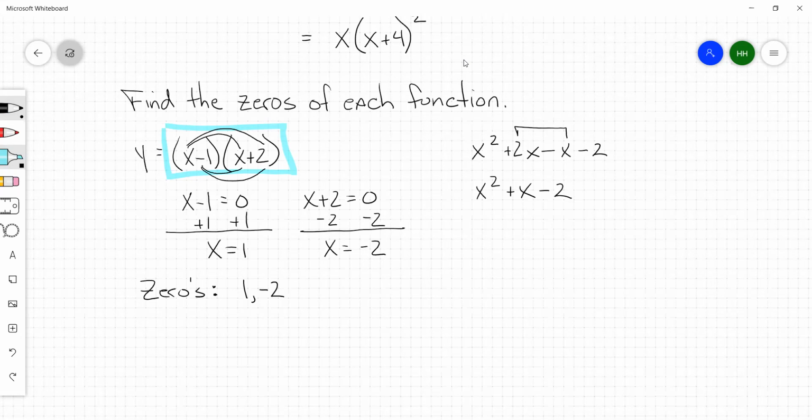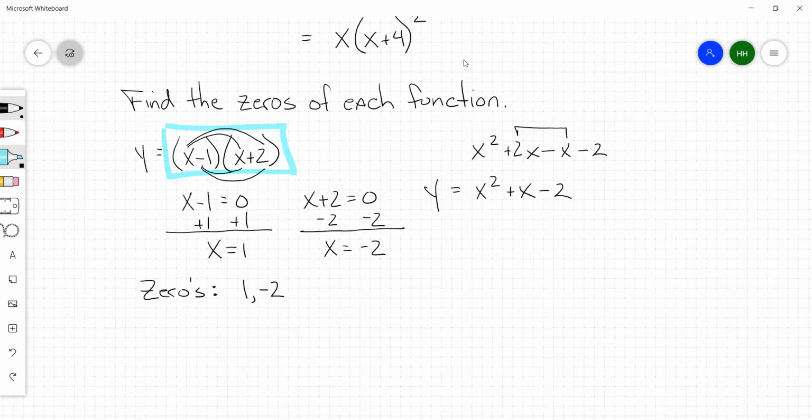So since y was equal to x minus 1 times x plus 2, y is also equal to x squared plus x minus 2. And why I'm saying this is because in the next type of problems you're going to see, you're going to be given the zeros, and from the zeros, you're going to be asked to write the function in standard form. So I want you to see where these zeros came from.